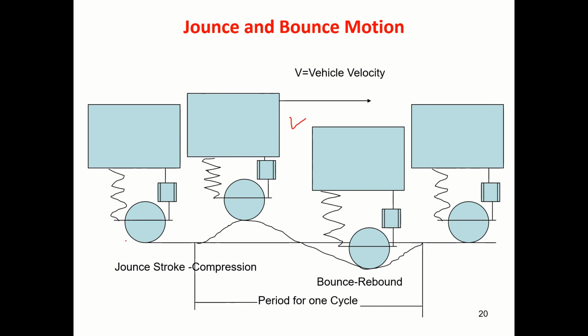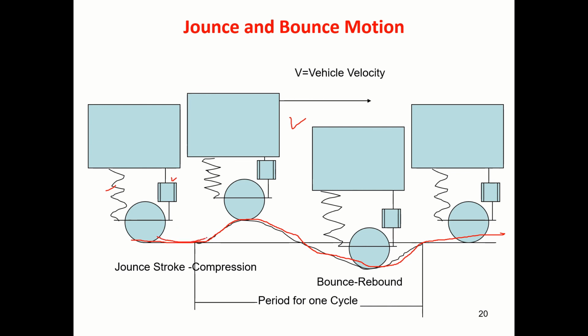Now let us look at this. So that force only I'm just showing. This is the road. This you can call a bump. Again a trough, like this. Your wheel is there. You have a spring and you have a damper.